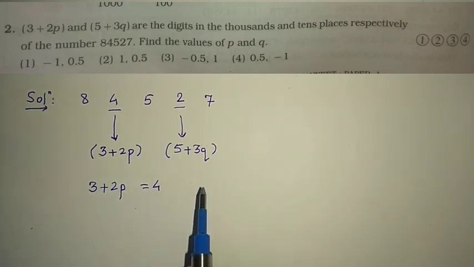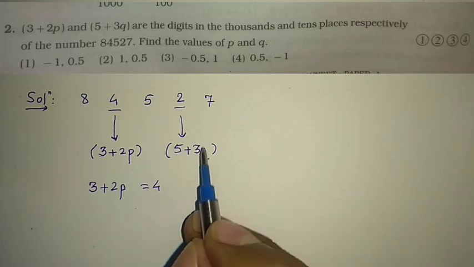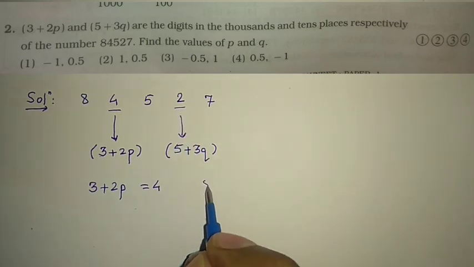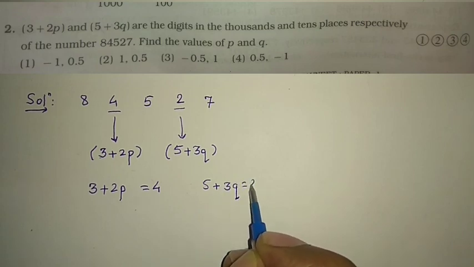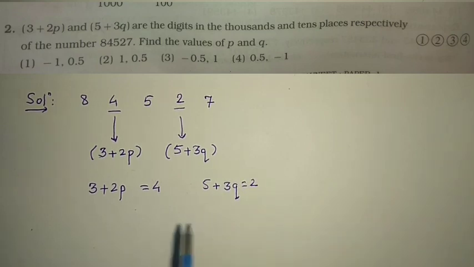And 5 plus 3q is equal to 2. So we got two equations, each with one variable. This is the first equation, this is the second equation. In the first equation we can find the value of p, and in the second equation we can find the value of q. You know how to do this, because these are equations in one variable which you all have solved in 7th standard.